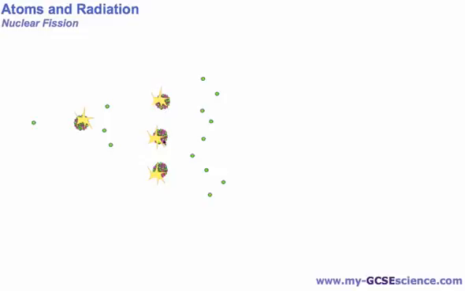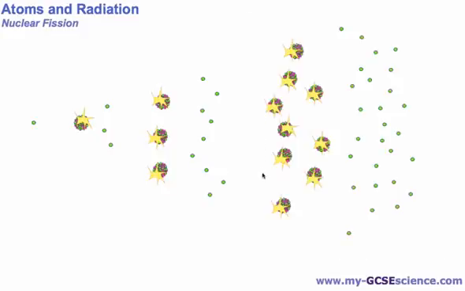If each of these release 3 neutrons, I've got 9 neutrons released here in total. Each one of those 9 can then go off and hit their own nuclei of other atoms, and we get a further reaction going on with many more nuclei. You can imagine that this would grow very, very rapidly, and the amount of energy released would be huge.